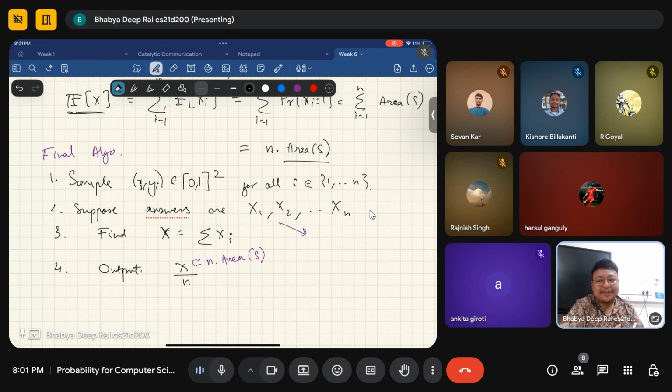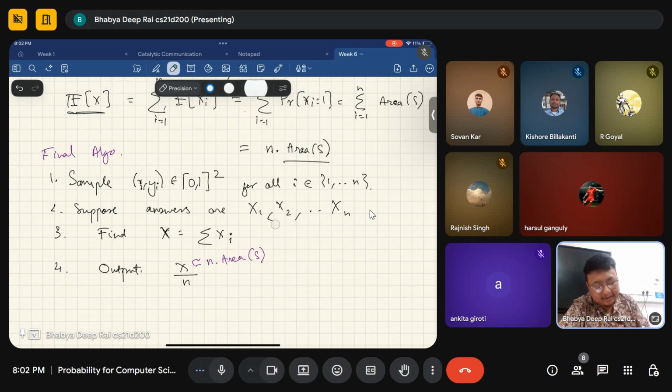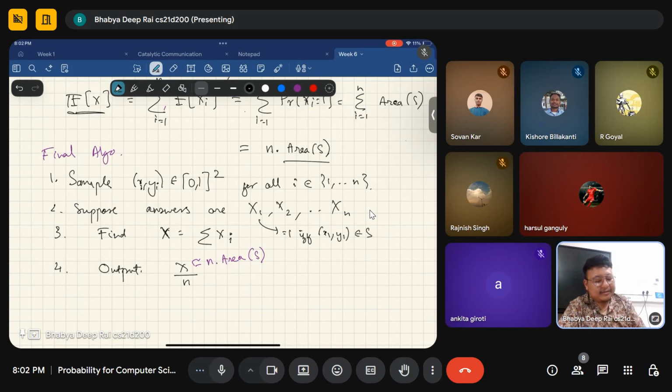You take n samples, x1 y1, x2 y2 and so on. So Xi is equal to 1. It's the same definition. Xi is equal to 1 if and only if xi yi is in S. Okay, yeah, so this is fine.